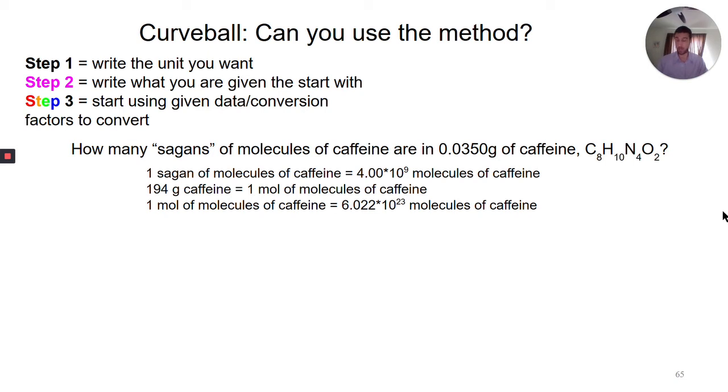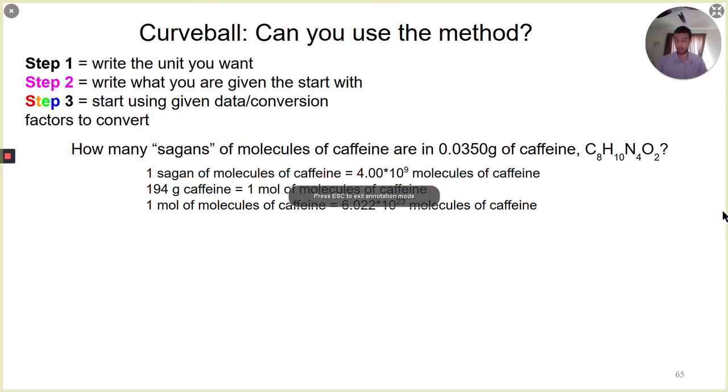So step one, what do I want? I do have to look at this and decide what I want. I want Sagans of molecules. You'll note that I'm already starting to make approximations. I could even write caffeine, but in reading the question, I'm not changing the substance, so I'm going to cheat a little bit and not show caffeine.